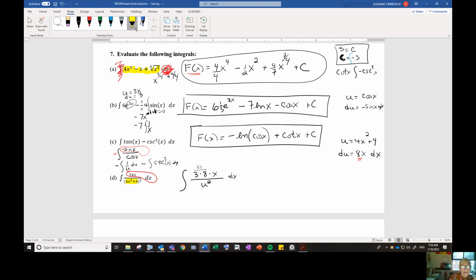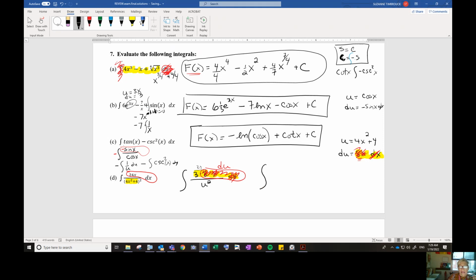So when I want to compare this to my du, let's play that matching game we do. I got dx, I got x, and I actually have 8 already. All of this is my du.